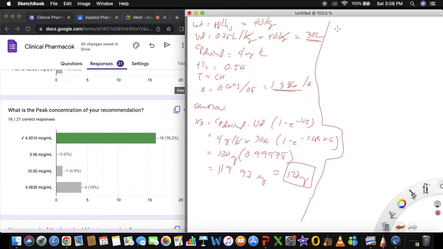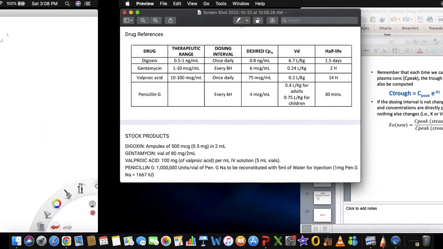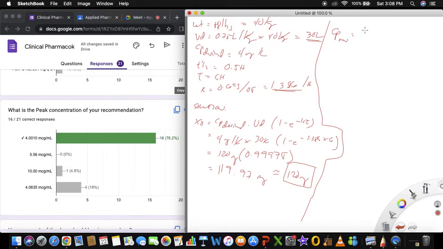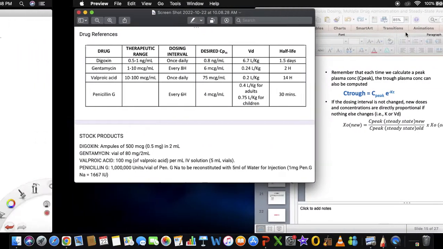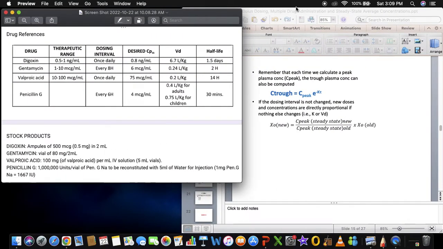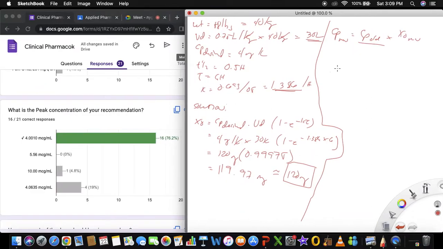So, CP equals, wait, let me look at the formula for a moment. CP old times dose new over dose old.